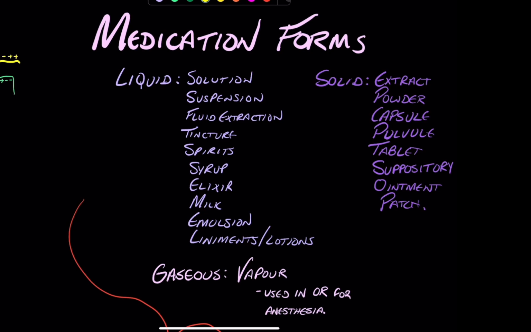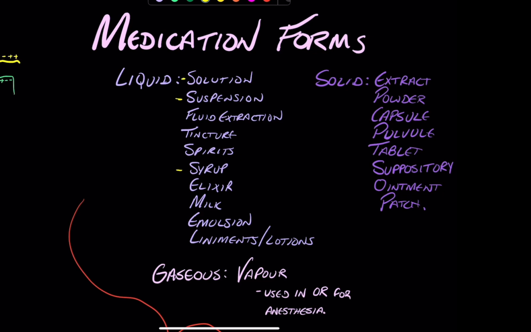They're not all going to be really important for the pre-hospital setting because we obviously don't give milks and tinctures and stuff like that. The important ones to look at would be things like a solution, syrup, suspensions. But I'll go through them really quick here.